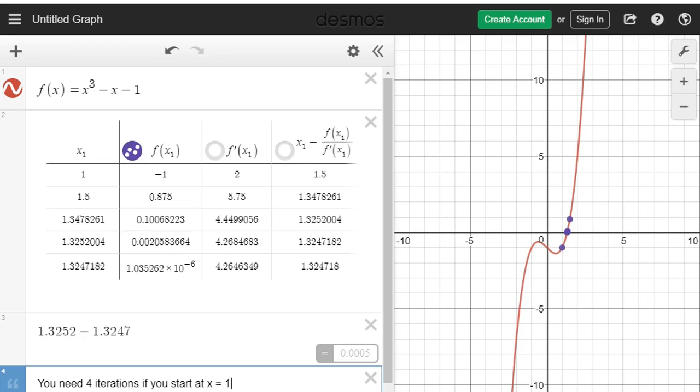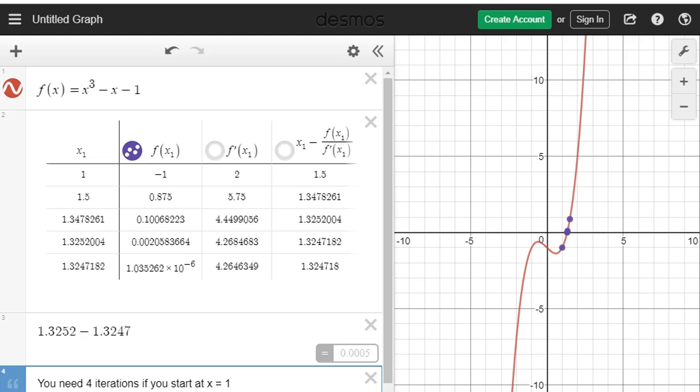We might think we're done, so we take 1.3252004 and subtract it from 1.3247182, and we end up with 0.0005 and then some additional stuff. That's not less than 0.0001, which is what we needed. So we have to do one more iteration, and then we end up with 1.3247180. If we did that subtraction, that would be less than 0.0001.